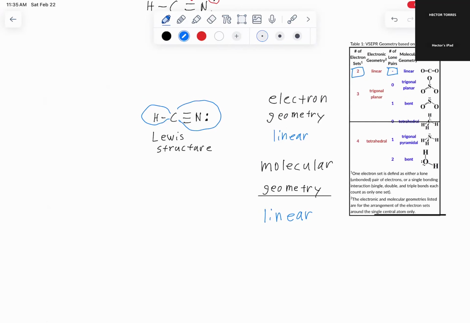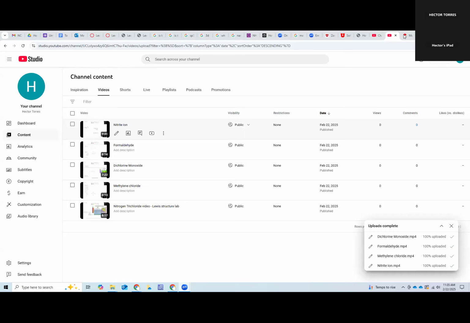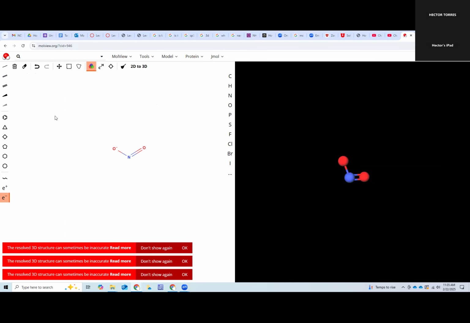Okay. Now, the next thing we want to do is we want to look at the 3D form of it. And so how I'm going to do that is I'm actually going to be looking at a website called MolView. And so this one's really nice because you can see the molecule in 3D and you can move it around, see what it looks like in a 3D form rather than a 2D. So what I'm going to do is I'm going to draw in our molecule. So ours is made of CHN.